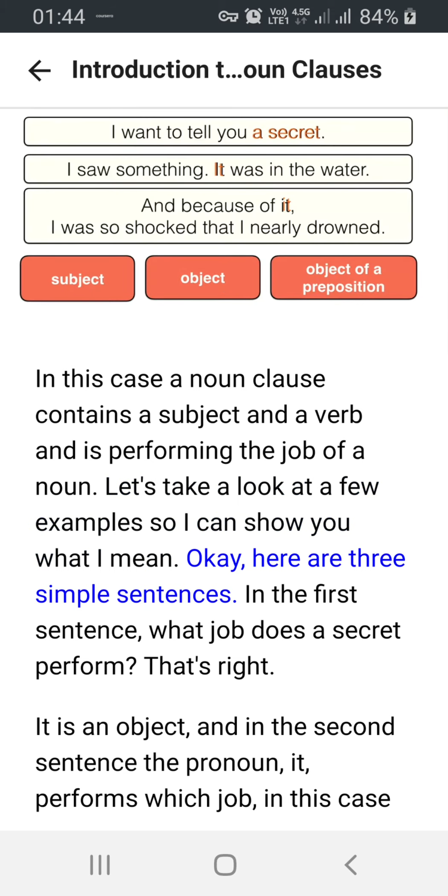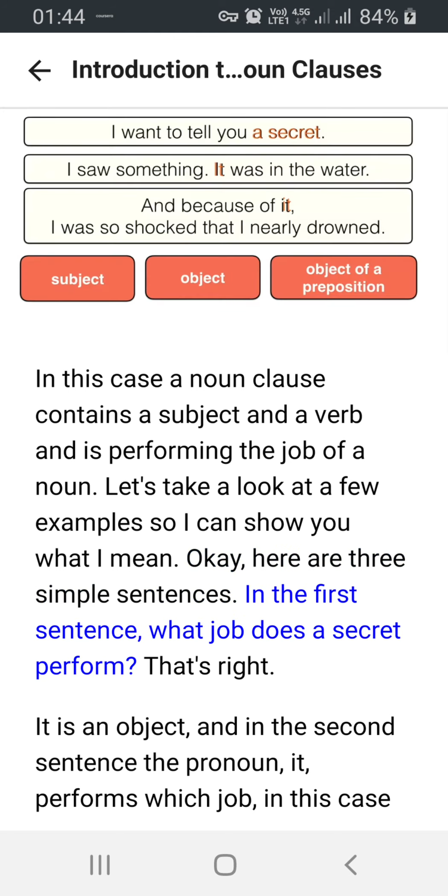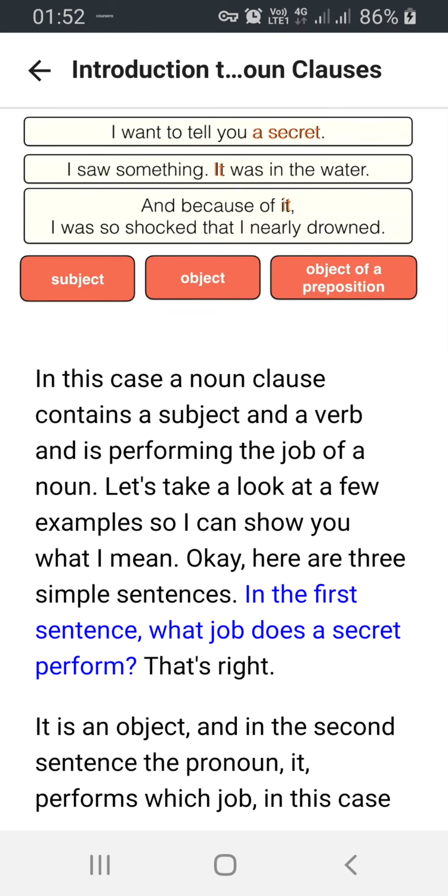Okay, here are 3 simple sentences. In the first sentence, what job does a secret perform?